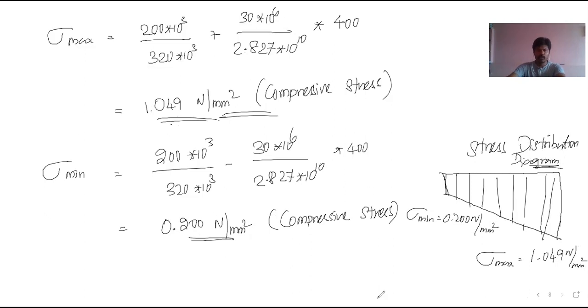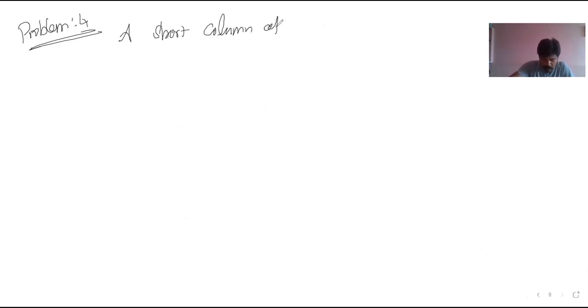Next, we should move on to the problem related to the hollow circular section. The given data: a short column of external diameter 40 centimeter.